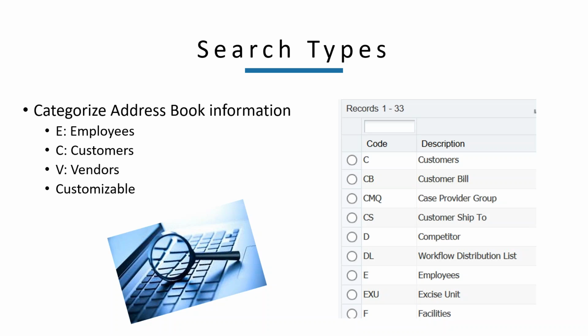There are customizable ones. We don't see this done a lot, but they do have the ability to customize, which obviously needs to be documented within the company so that these search types can be picked up when creating permission lists and segregating out what data can be viewed based on which search type, and then given to the users and roles, which we will talk about in a few.